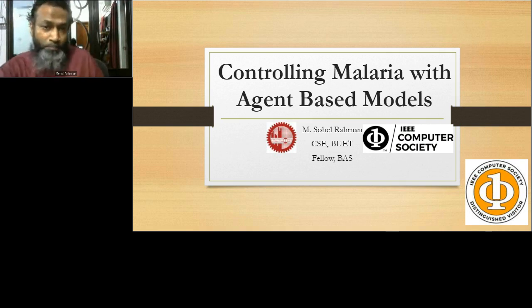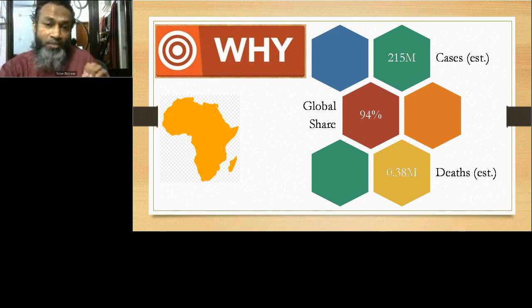If you consider only Africa, then 94% of the global share is from the African continent. And if you come back to the South Asian region, only 3% of the global share belongs to this region, and only 9,000 deaths here. But overall, it is still a global problem, and we want to eradicate malaria, where we are still lagging behind.